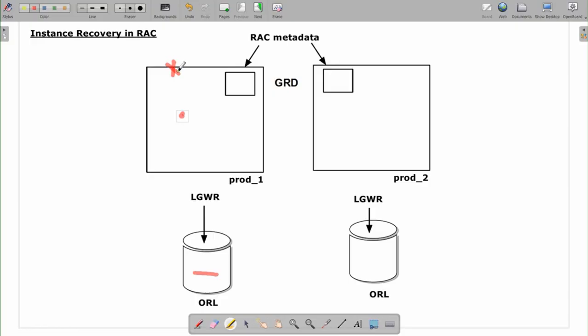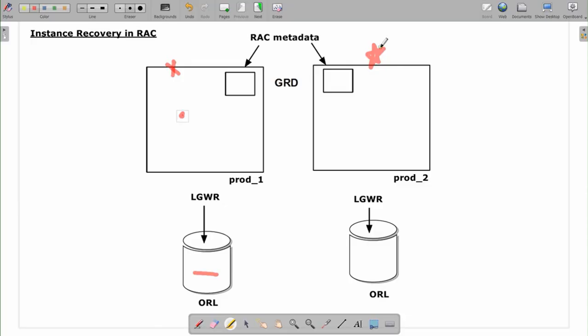So instance recovery time includes startup time and also rolling forward time in the single instance environment. However, in a RAC environment, instance recovery time doesn't include restarting the problem instance because that's not what we want to do. During the instance recovery time, one of the instances in the RAC environment will detect the instance failure.